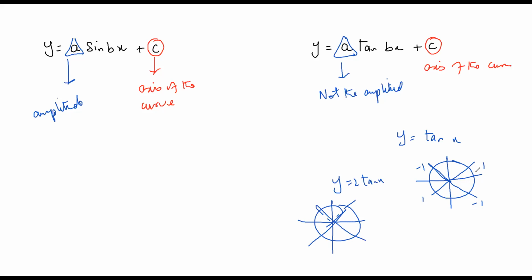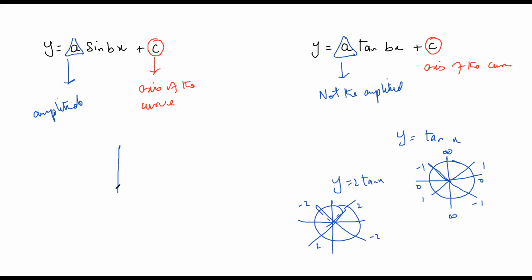You see, here you have 0, 0, and infinity and infinity. If you multiply 0 with anything, it remains 0. You multiply infinity with anything, that remains infinity. Yes, these ones will change. So this will be 2, this will be minus 2, this is going to be 2, this is going to be minus 2.